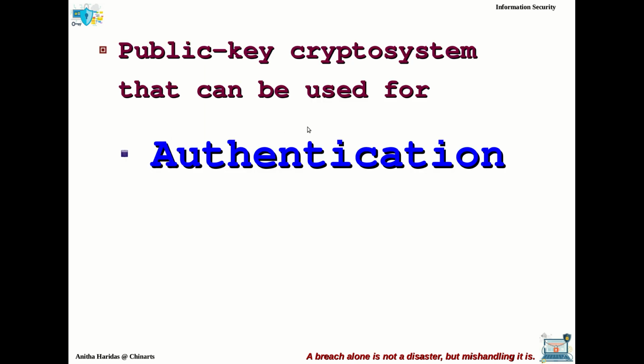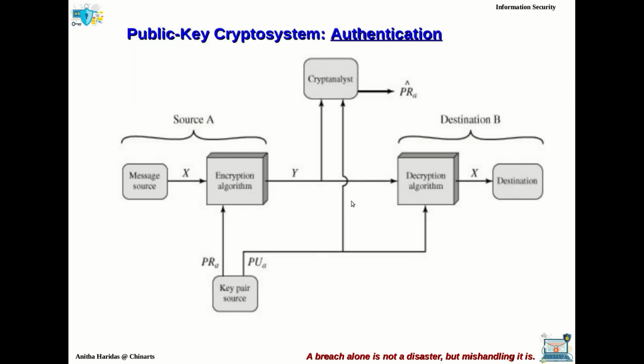The public key crypto system can also be used for authentication. Here, if it is for authentication, it is generally for the digital signature, and the sender, who is nothing but the signer, will generate the public and private key pairs.